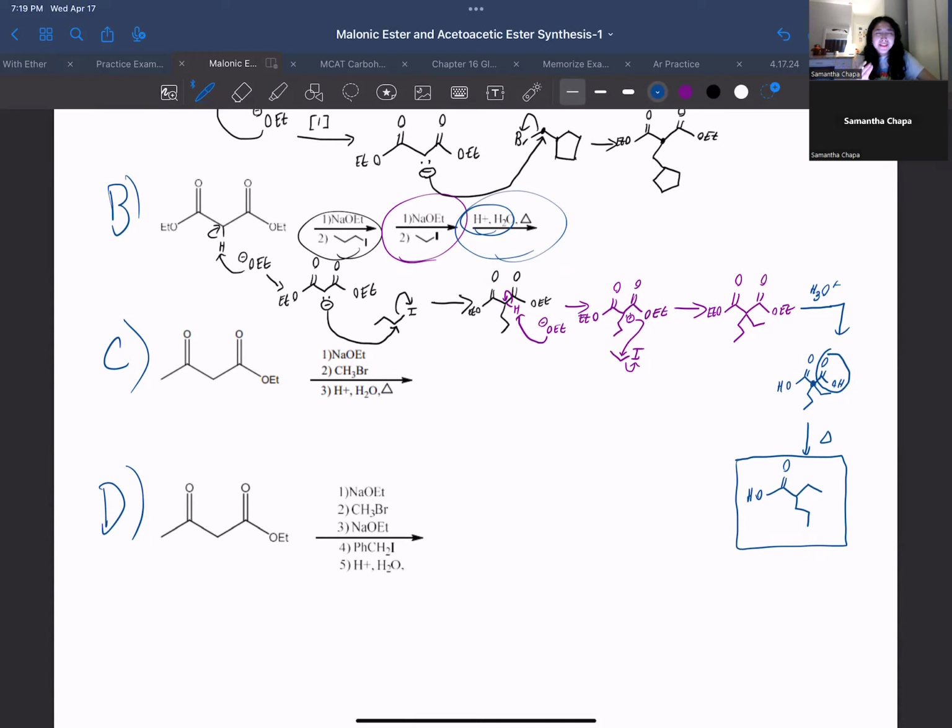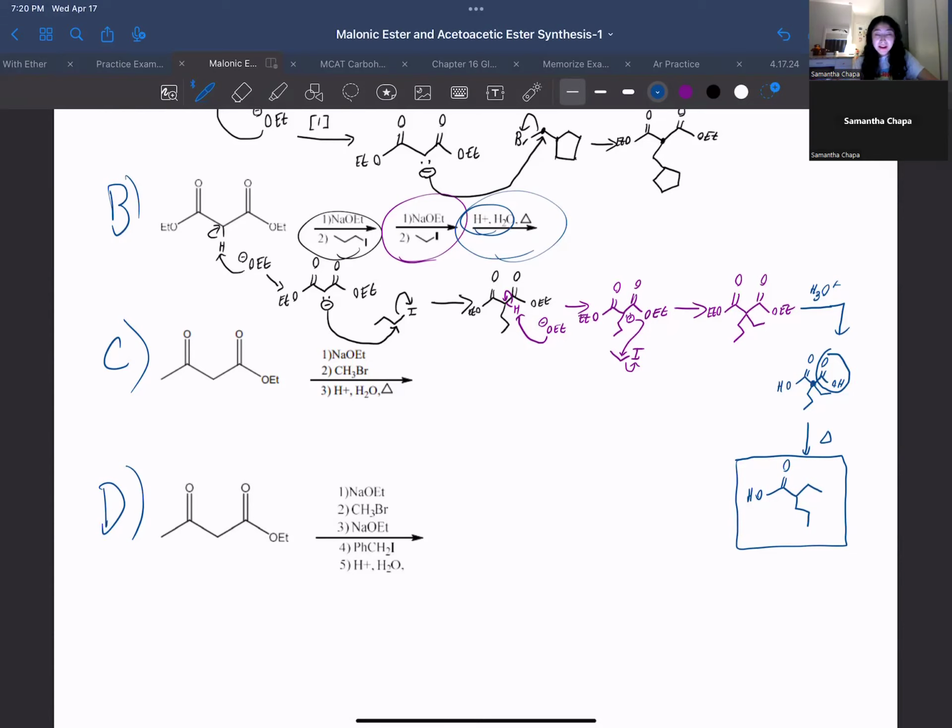So I forgot the name of the starting material for C and D. I believe it's ethyl acetoacetate. I need to check that, but it's a different starting material, and that's why these 2 reactions are now the acetoacetic ester synthesis.